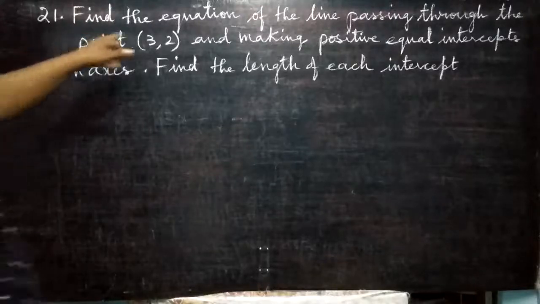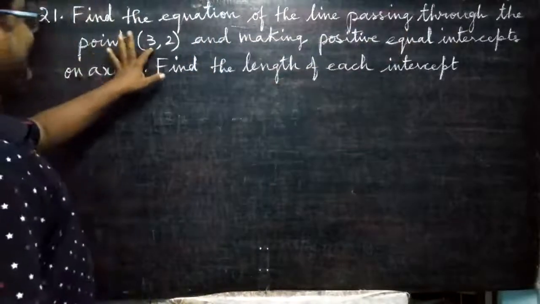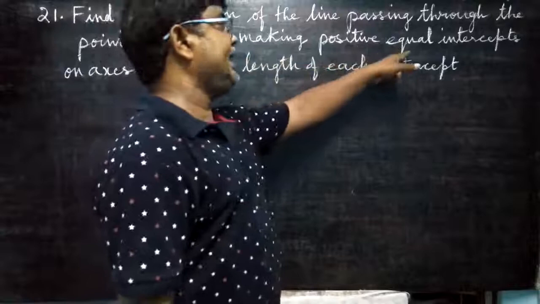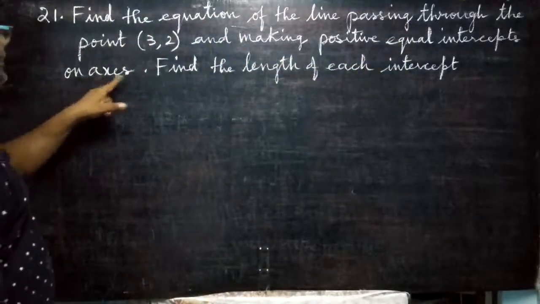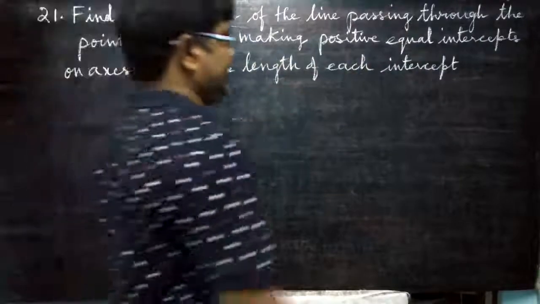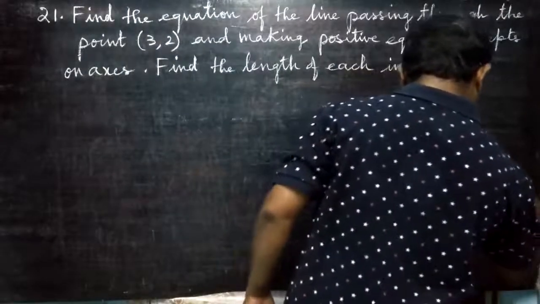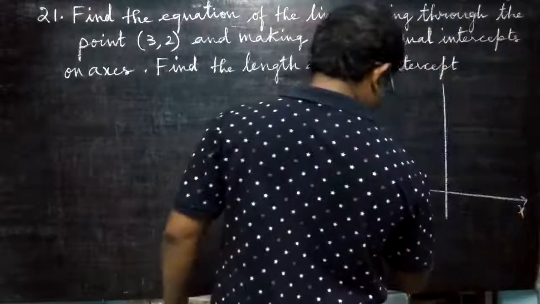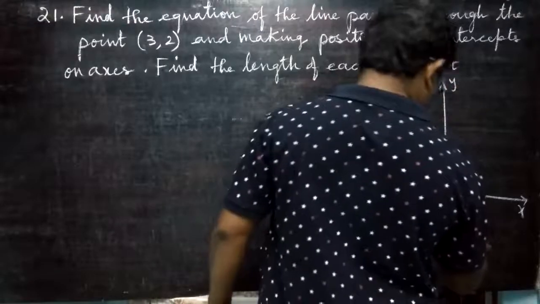21st. Find the equation of a line passing through the point 3 comma 2 and making positive equal intercepts on axis. Find the length of each intercept. This is x-axis, y-axis. X dash, y dash.